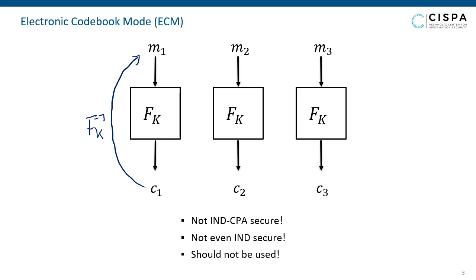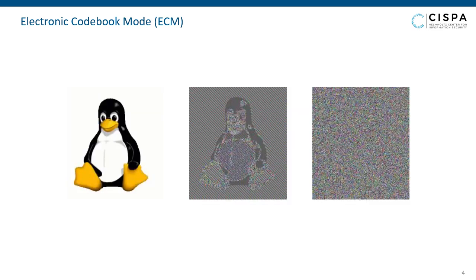For instance, when you need to be able to compare encrypted messages by just comparing the ciphertexts. This is a situation in which it can be justified to use this mode, but also for this use case, there are better solutions these days.